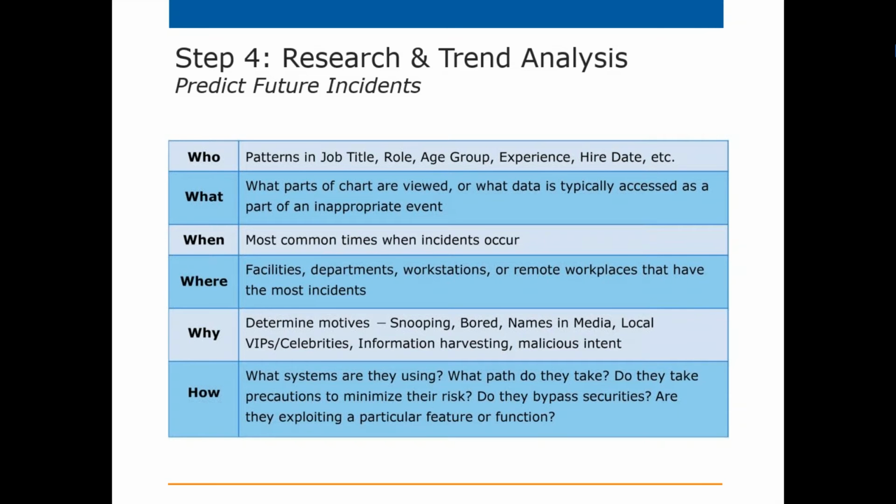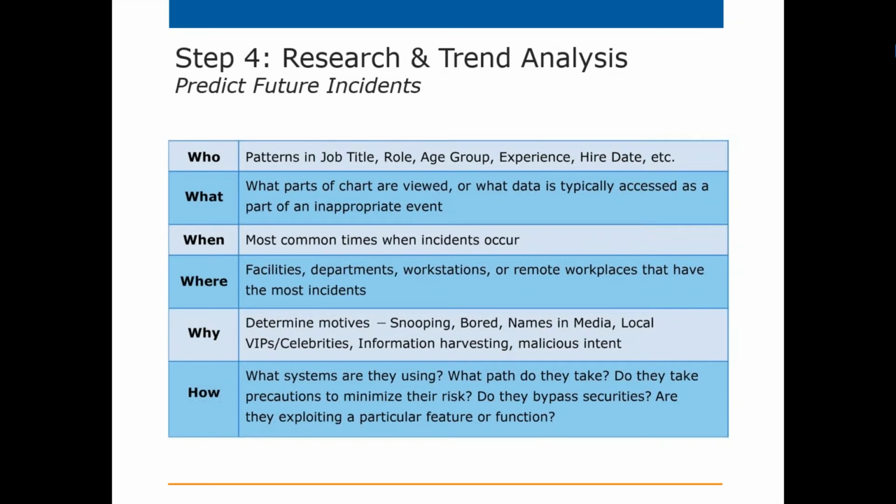What parts of the chart are they going into? What data is accessed inappropriately? Now, this is one that I think can really benefit the way you audit in the future. So if you're learning from what behaviors your inappropriate actors are demonstrating, you can actually better audit for those behaviors in the future.